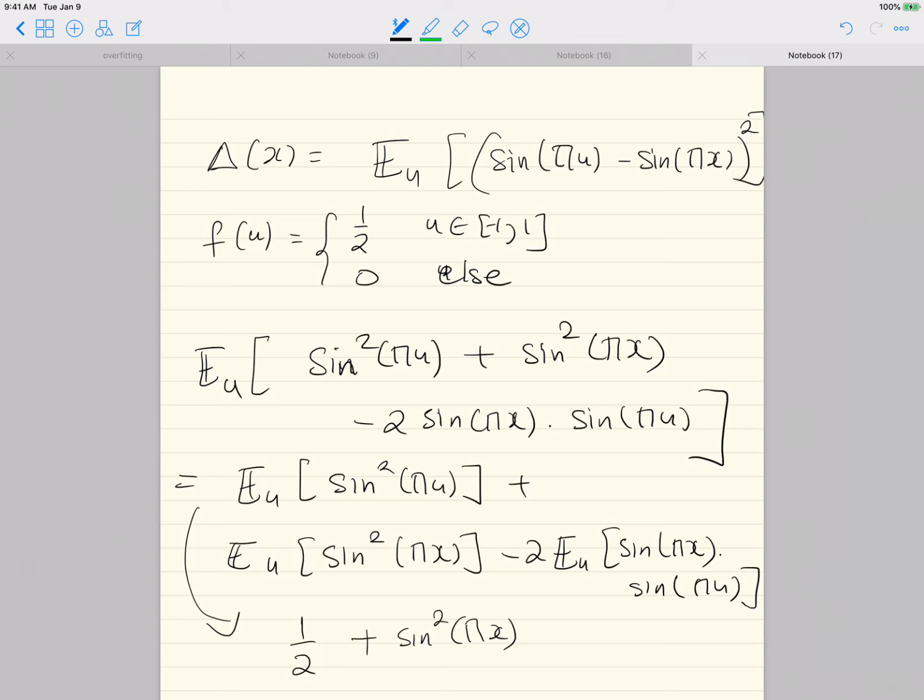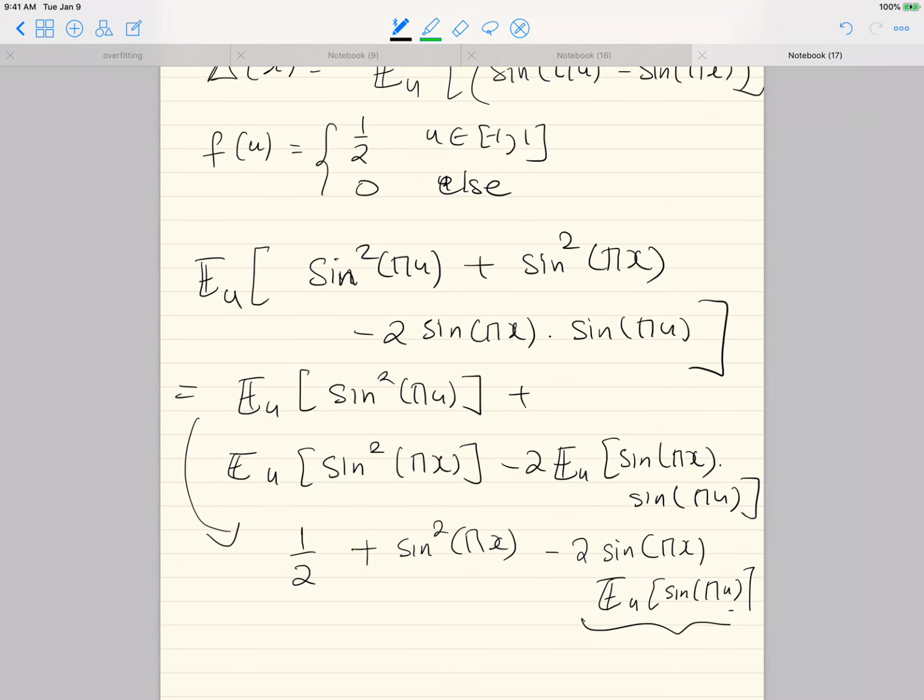What about the third quantity? I can write this as 2 sine pi X, which is a constant, times the expected value over U of sine pi U, and this ends up being 0 by symmetry, because sine is an odd function and U is uniform. So this is half plus sine square pi X.